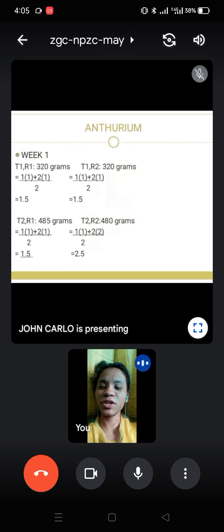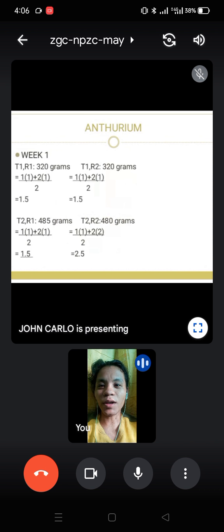Anthurium computation in week 1. T1R1 has 320 grams for wax. The computation is 1 times 1 plus 2 times 1, divided by 2, equals 1.5 in T1R1 for wax. In T1R2, they have 320 grams for controlled. The computation is 1 times 1 plus 2 times 2, divided by 2, equals 2.5.